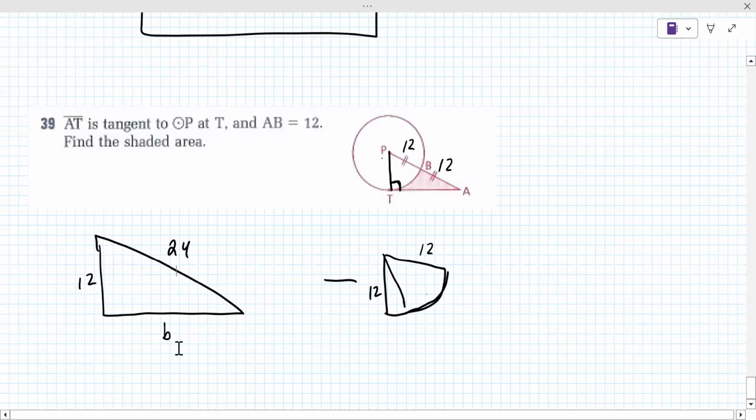And you can find B, which we haven't done tonight, using a number of ways. Pythagorean theorem works, but you should notice something about these two sides. Is it one of those relationships?